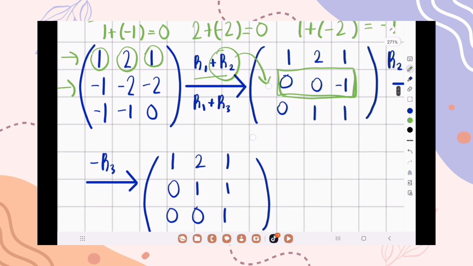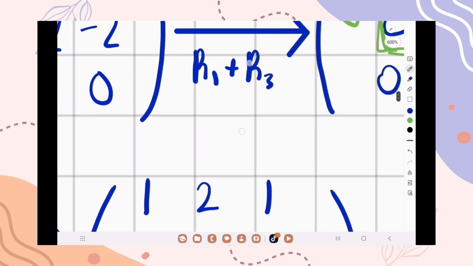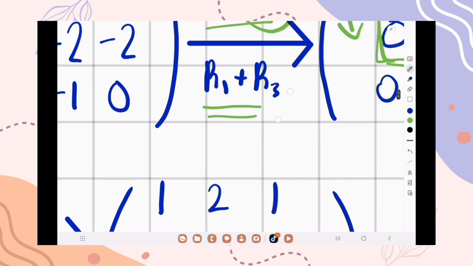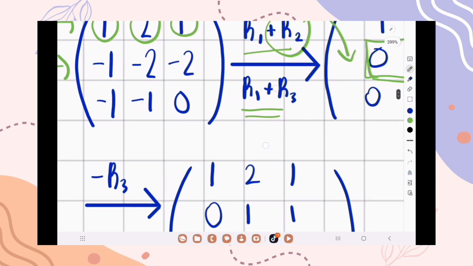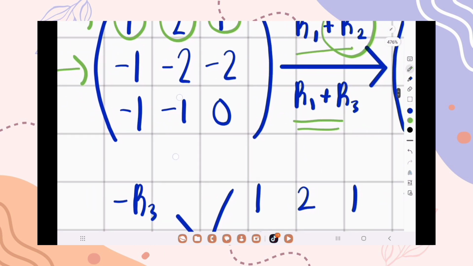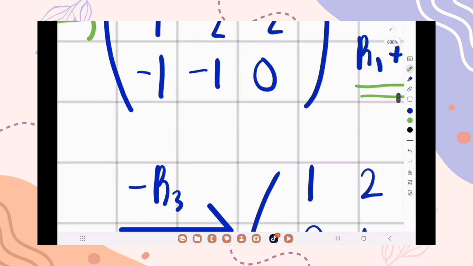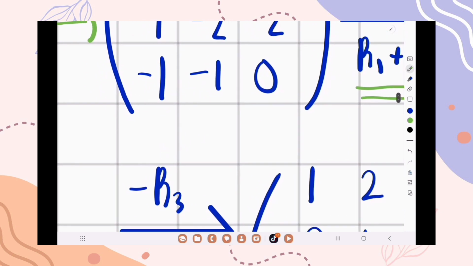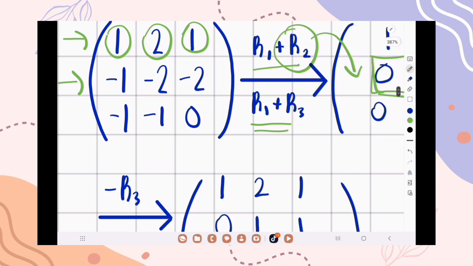And for the second order, R1 plus R3, we need to do the same just like the first order. R1, which is 1 again, and R3, which is -1.